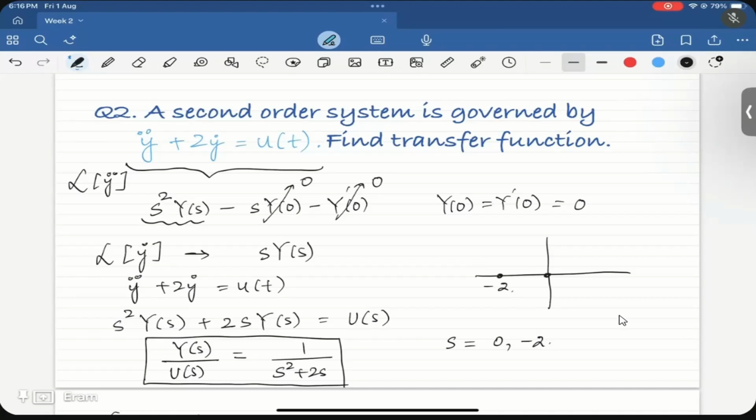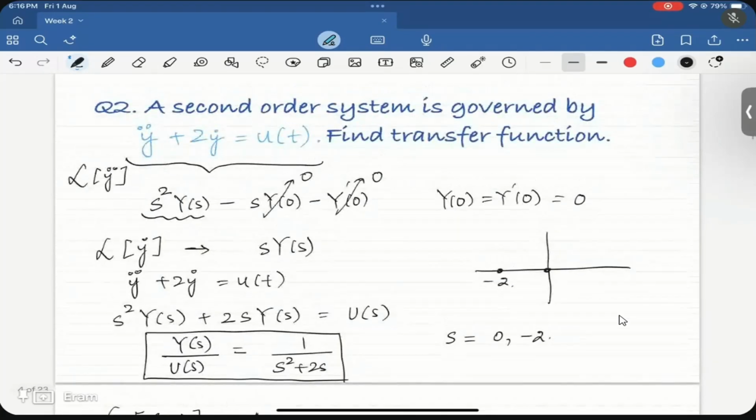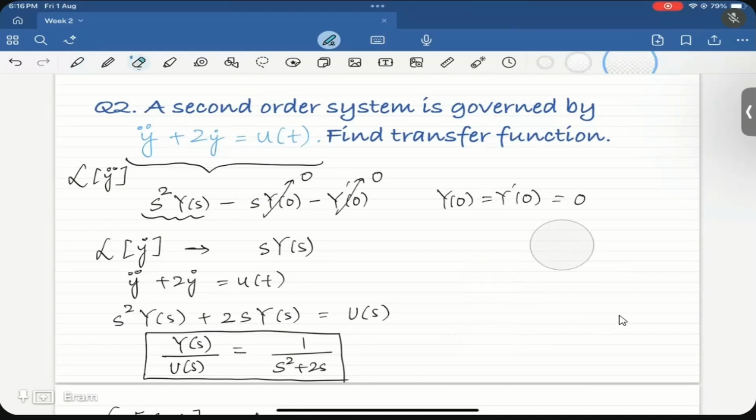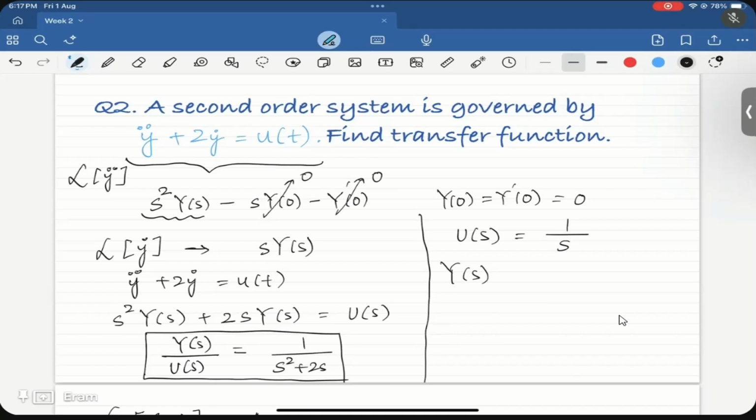Another way you can see this is to suppose you give a step input. By checking poles you can also check whether the system is BIBO stable or not. Suppose U(s) is the step input, that is 1 by s. Then Y(s) will be 1 by s square into s plus 2.